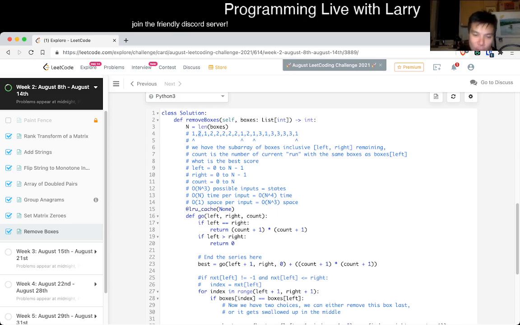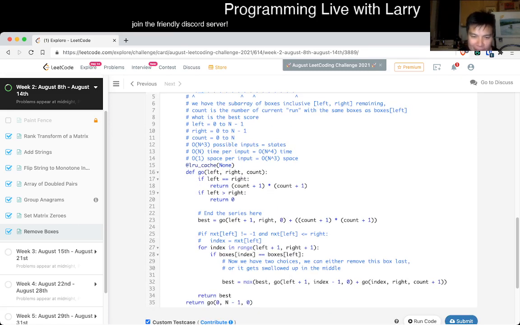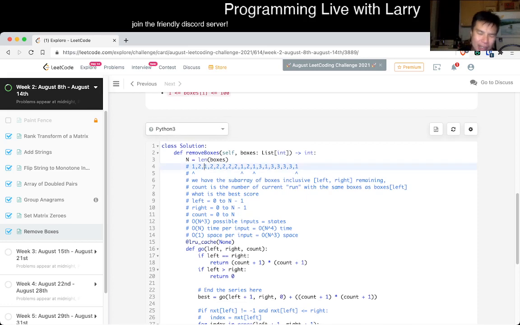right? So for each one, we ask ourselves, we have two choices. We can either partition this here, or we don't partition this, right? So here we partition or we don't partition. Here we partition or we don't partition, and so forth.